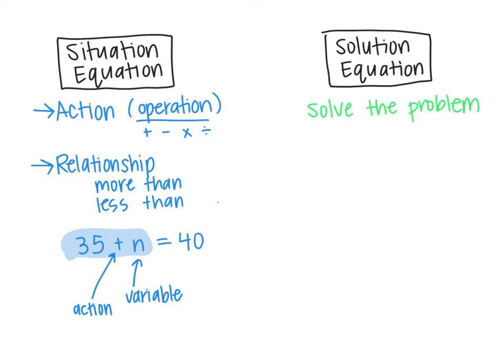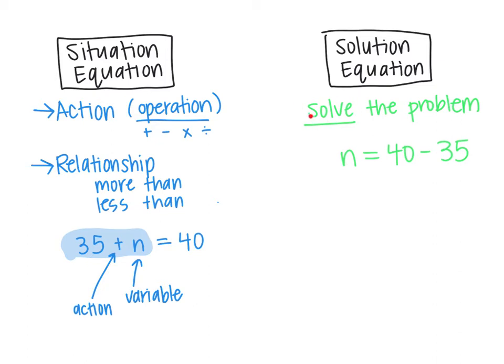A solution equation is going to focus on solving the problem. So an example of this will also use an operation, but we can rewrite it and say n equals 40 minus 35. So this is actually using the same numbers as this one, but do you see how it's different?